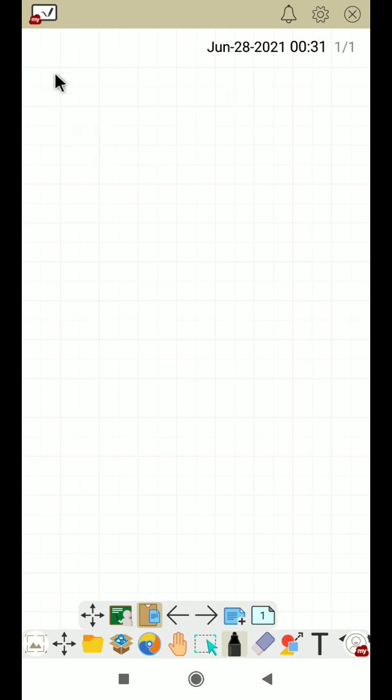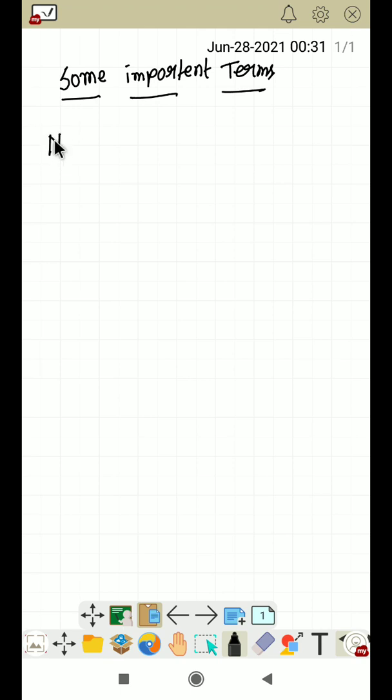So, firstly, we have to learn some important terms of triangle. So, first thing is median.